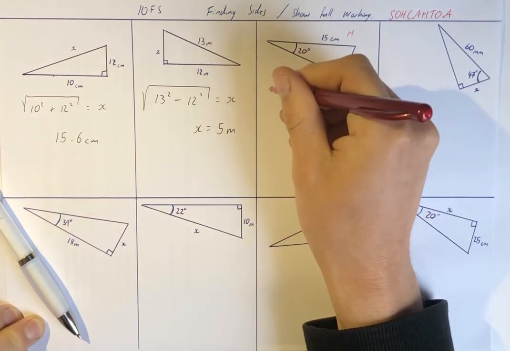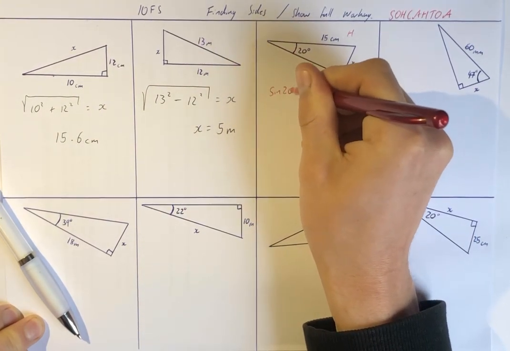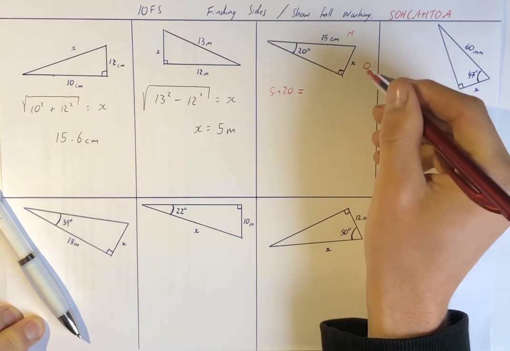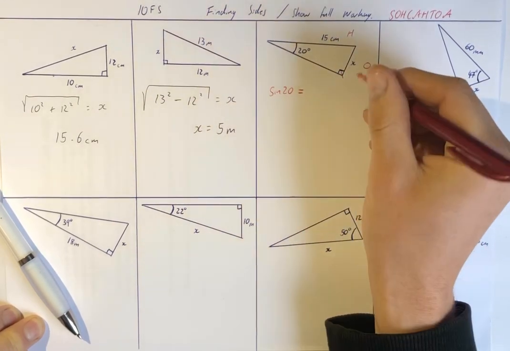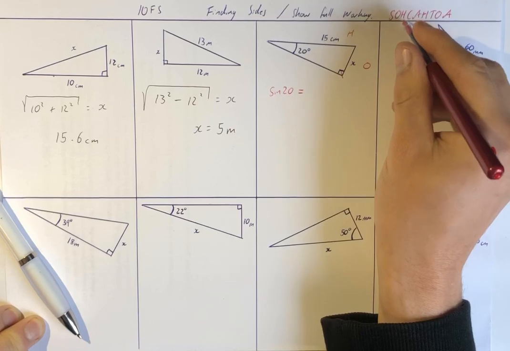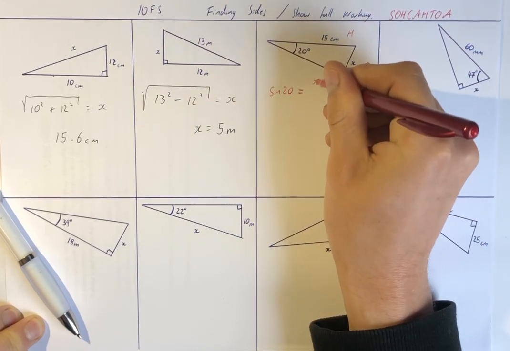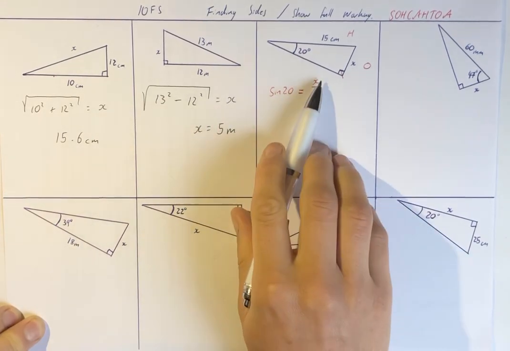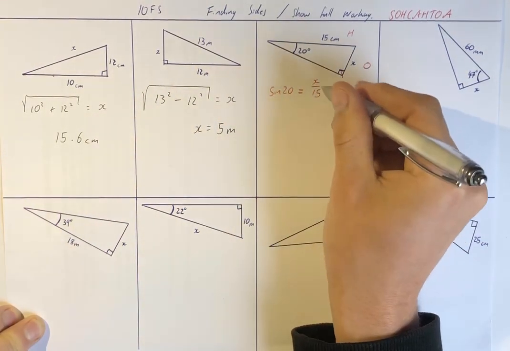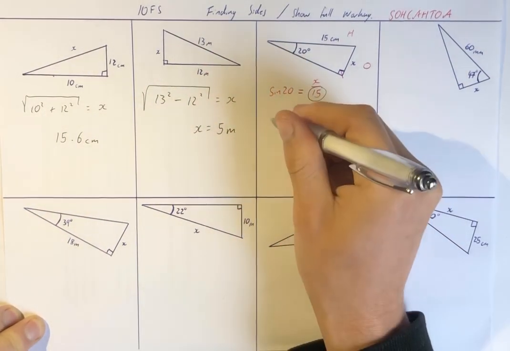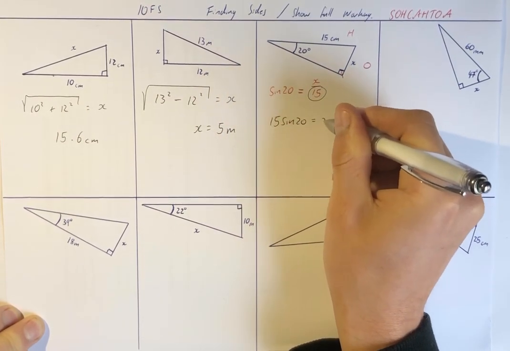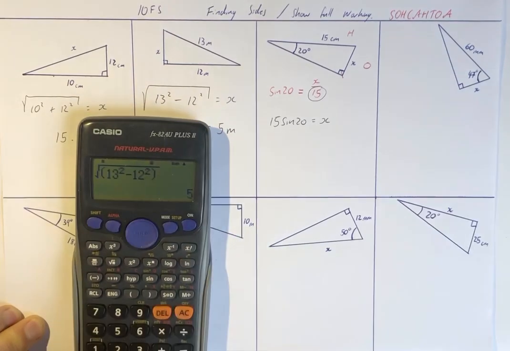Sine. So if I take sine 20 degrees, that is the same as taking x and dividing it by 15, taking the opposite, dividing it by the hypotenuse. And so if I was to solve for x, I just have to times by that denominator. So 15 sine 20 equals x. 15 sine 20.